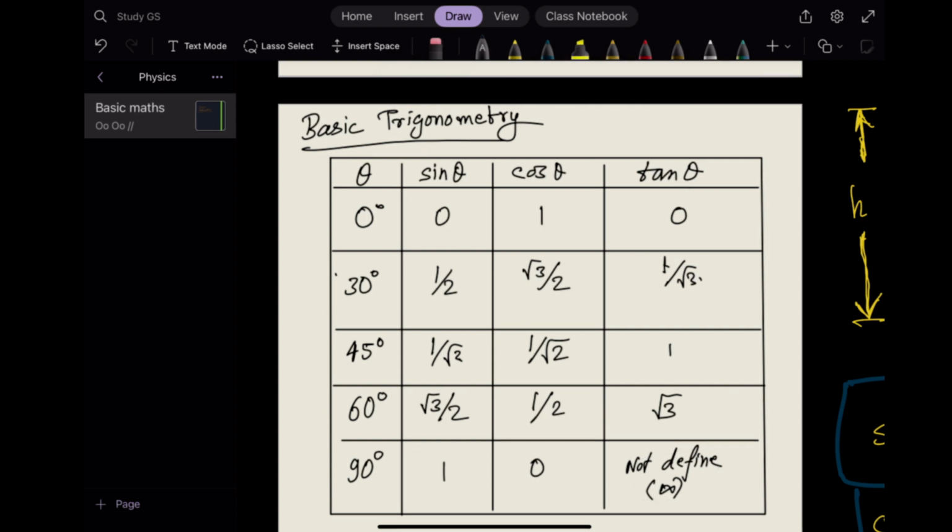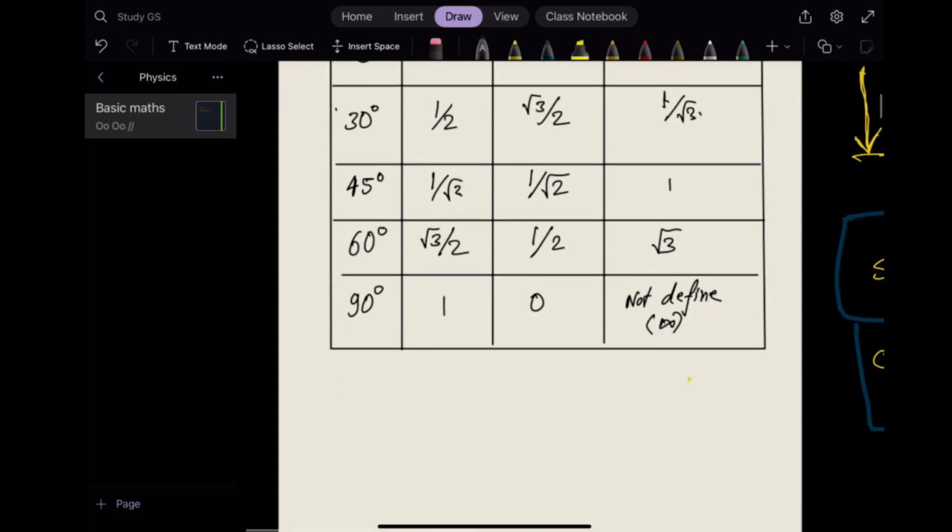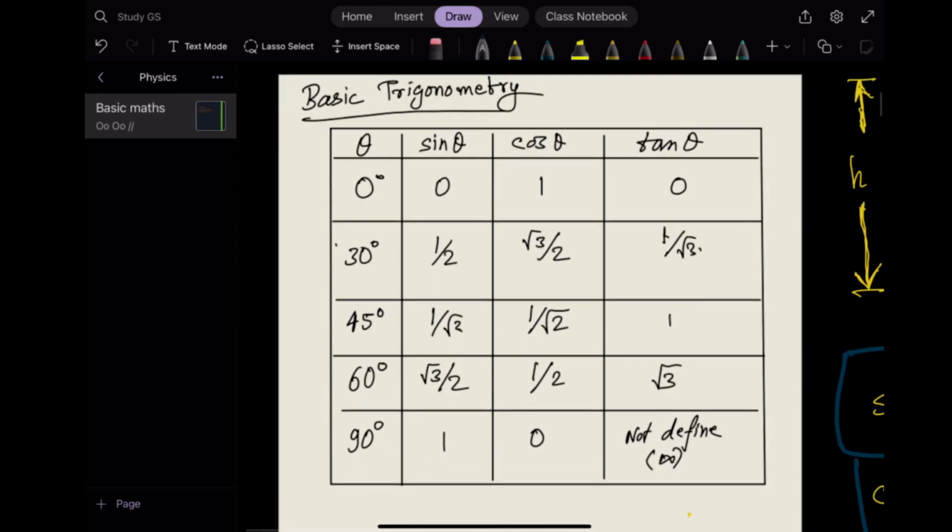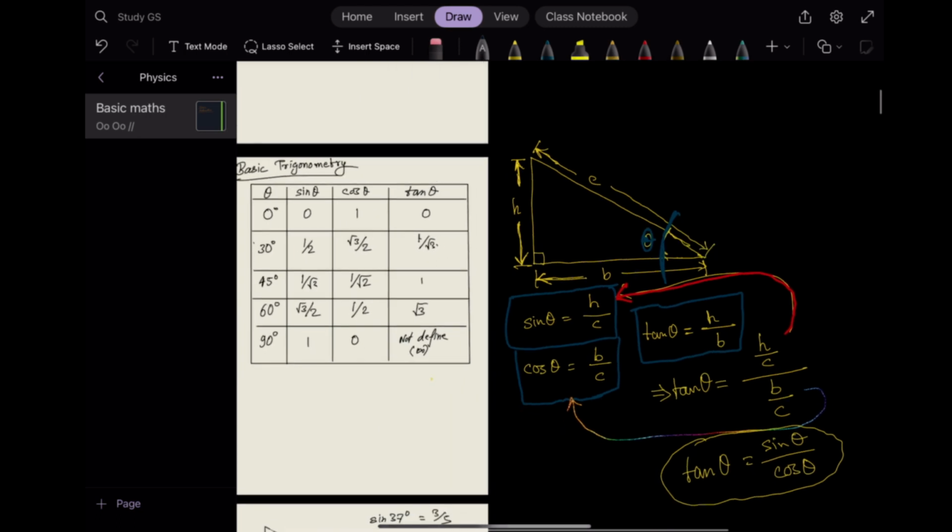So it's now over. You can pause this video here and note it down or take a screenshot of this.